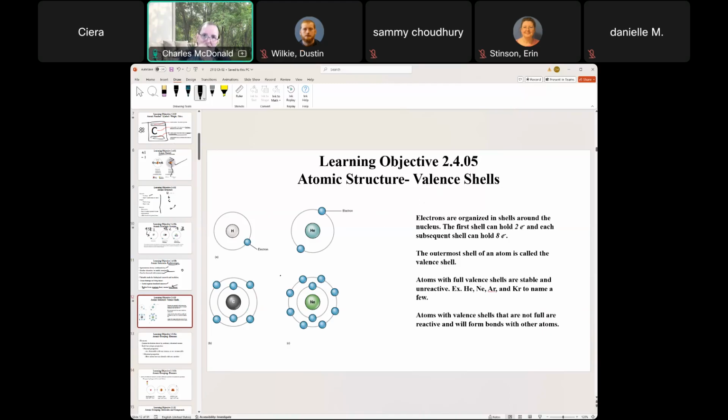Okay. So now we're going to talk about how these atoms by themselves hardly ever exist. I mean, there's some, but most of the time, these guys are going to react with other atoms and form a molecule. And if you guys remember from chapter 1, this is our next step up in the organization of human beings.